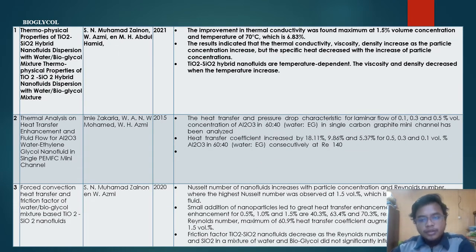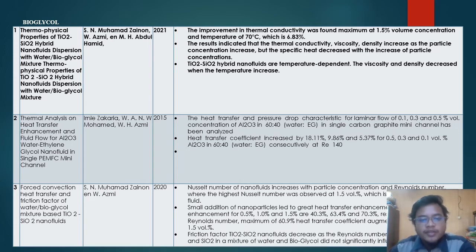For the bioglycol, the thermal analysis of heat transfer enhancement and fluid flow of Al2O3 water ethylene glycol nanofluid in a single PMFC mini channel. The finding is the heat transfer and the pressure drop characteristics for the laminar flow of 0.1, 0.3 and 0.5% volume concentration of Al2O3 in 60:40 ratio water to ethylene glycol in a single carbon graphite mini channel has been analyzed.